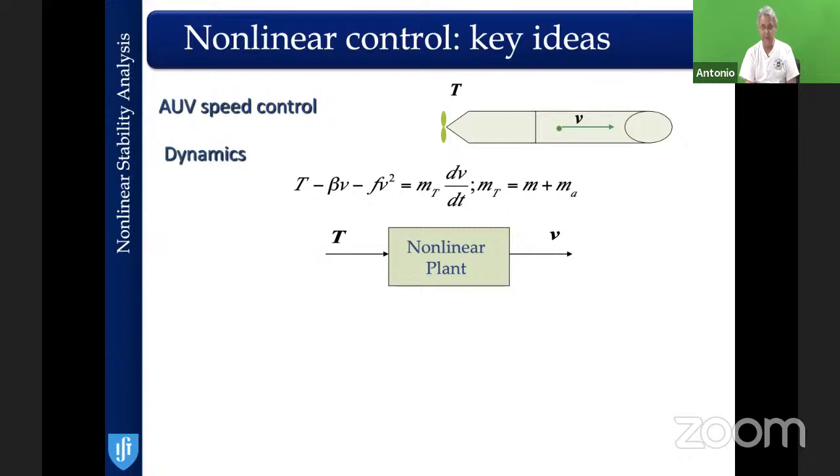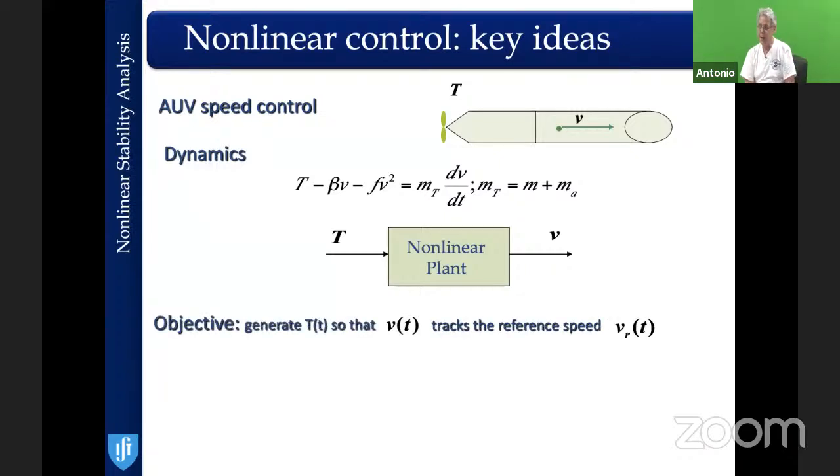Okay, so this is the model. It's a very simple model. The input is the thrust provided by the propeller, and the output is the V, and you wish to control the V, the speed of that torpedo. Normally we don't have this linear term, but for vehicles that move very slowly, it ends up appearing there. So I put the linear term.